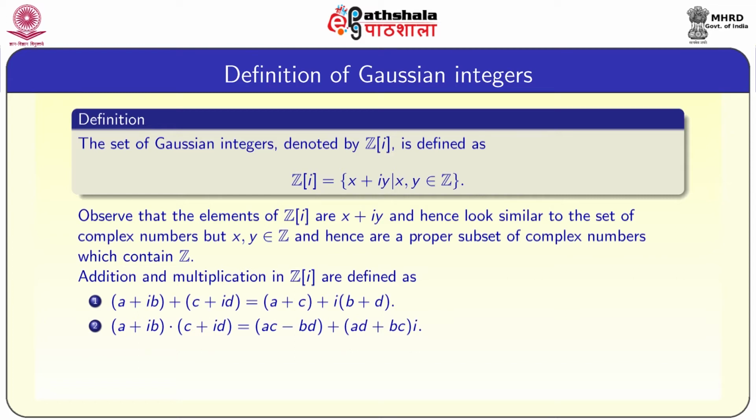Here we are using that i squared equals minus 1. Then if we do ordinary multiplication, we will get that one. This multiplication is the same as in complex numbers.